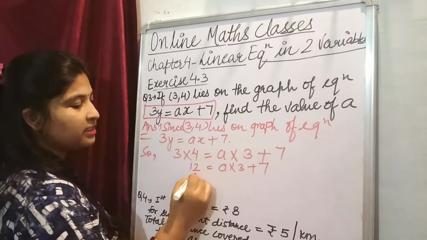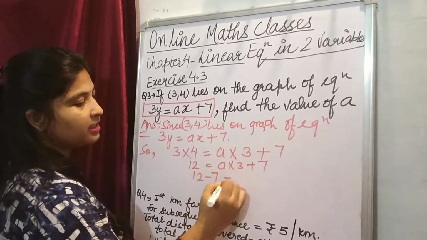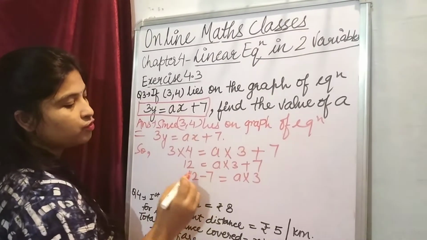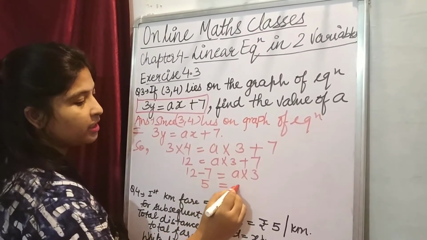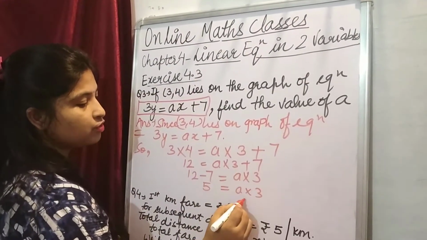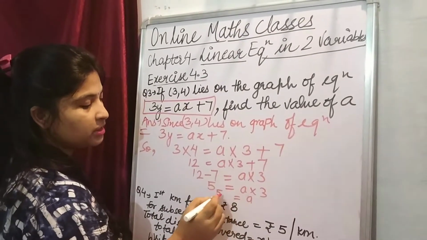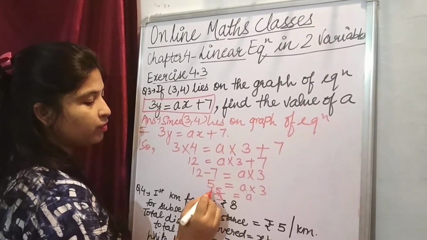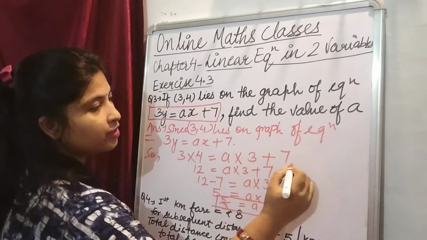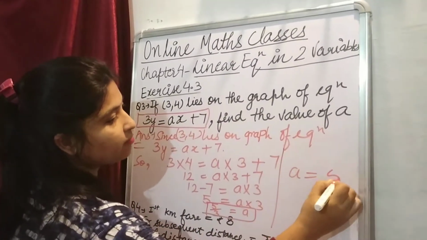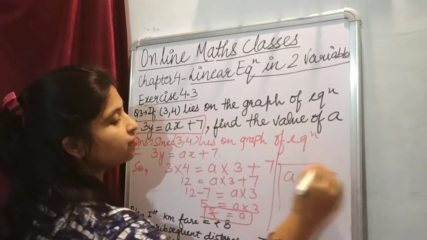This 7 will go to that side: 12 minus 7, and 12 minus 7 is 5. So a into 3 is 5. This 3 is in multiplication, so that side it will go in division. So the value of a you have got is 5 upon 3.